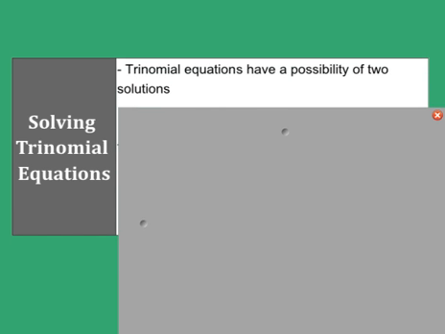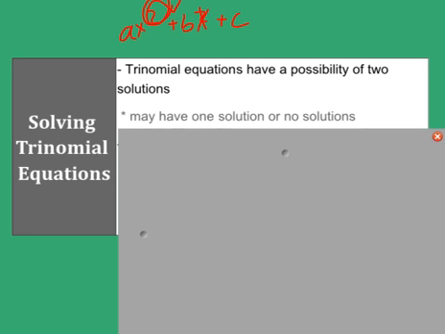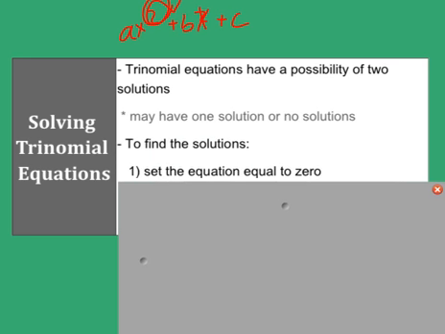So trinomial equations have a possibility of two solutions. So you always had this ax squared plus bx plus c. And that 2 here is what told us that we could solve it. There's always two possible solutions.